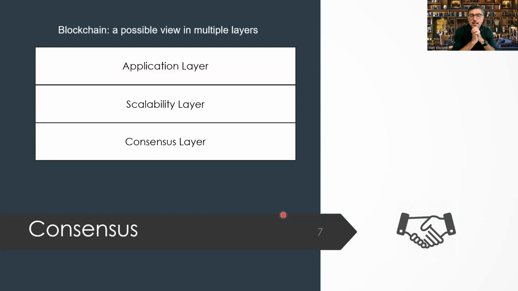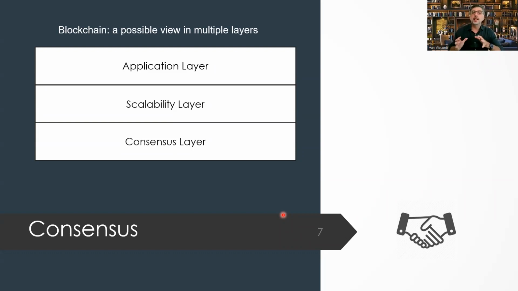There is a scalability layer, which means that the programs that one writes for this abstract computer first go to a layer that tries to optimize the performance of the computer, because running many programs can be very expensive.